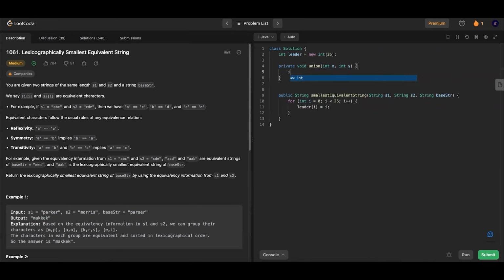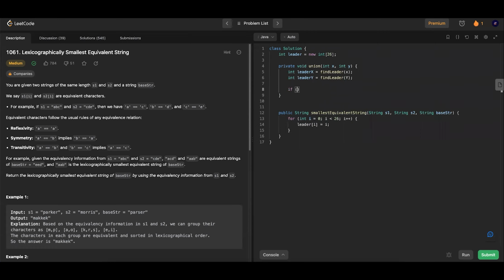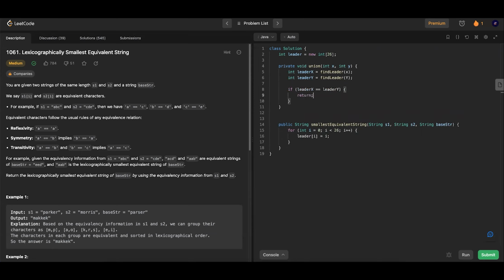Now for x, we find the leader of x, and we also find the leader of y. If both of them are equal, if leader of x is equal to leader of y, then we just do nothing and we return.